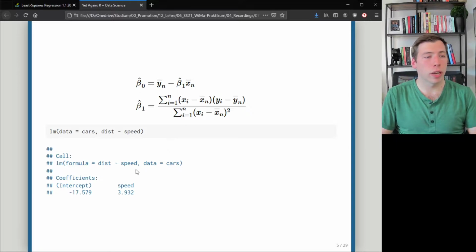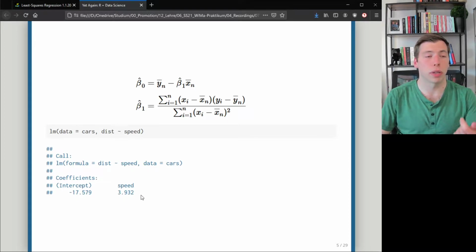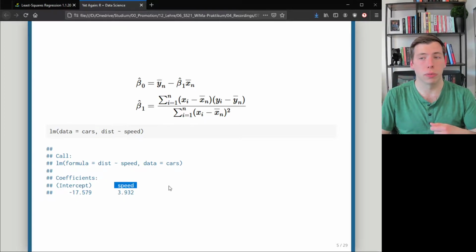If you only execute this command, you will get a result like this, which restates the function call you made, and then gives you the coefficients. Here it says intercept. This always refers to the beta naught, the constant parameter that doesn't relate to a predictor variable, and is always called intercept. And here you see the parameter with respect to our predictor speed.